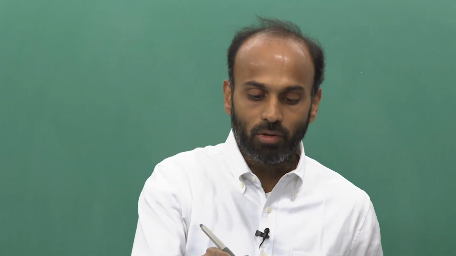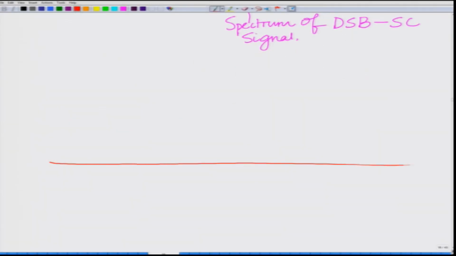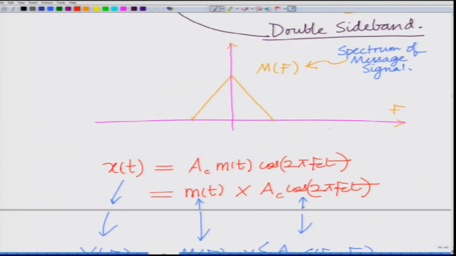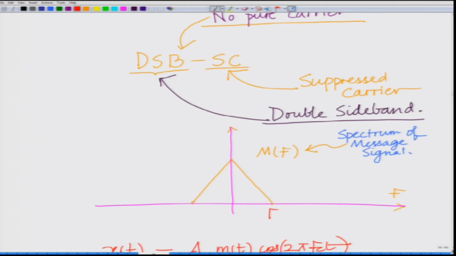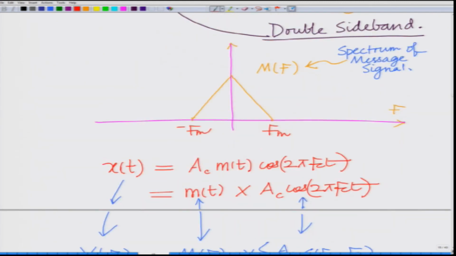All right. So, let us now describe this schematically. I can draw this. So, I have f_c, this is f_c plus f_m, f_c minus f_m, correct. If the maximum frequency component of the message signal we denote it by f_m, the message spectrum goes from minus f_m to f_m, correct.